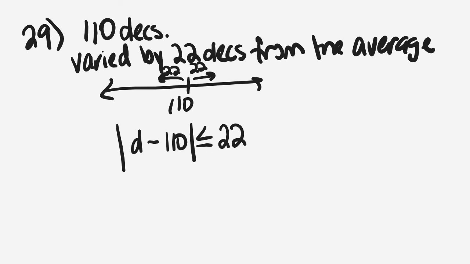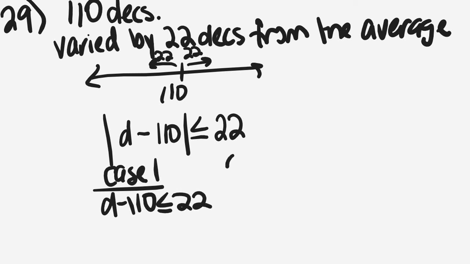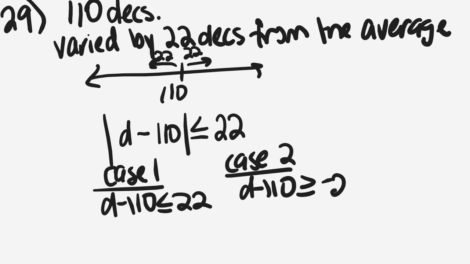All right, now we solve this. So we have the house is already by himself, so we can do case 1, which is D minus 110 is less than or equal to 22. Nothing changes. And case 2, that is the negative. So we have D minus 110 is greater than or equal to negative 22. We changed the sign, so we changed the alligator.